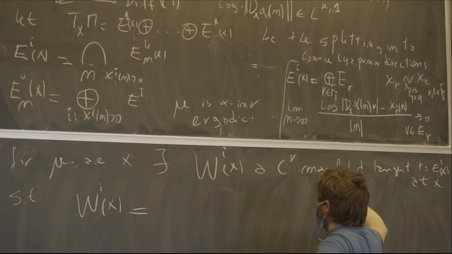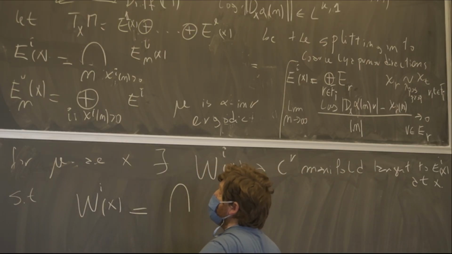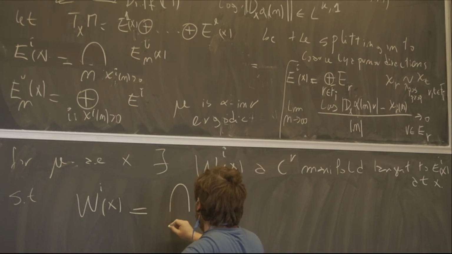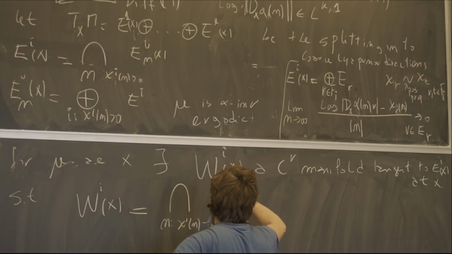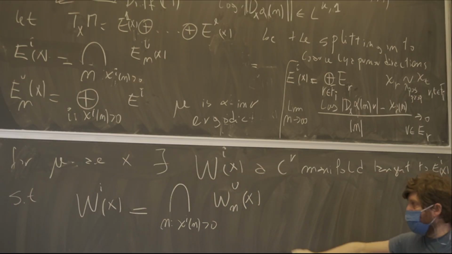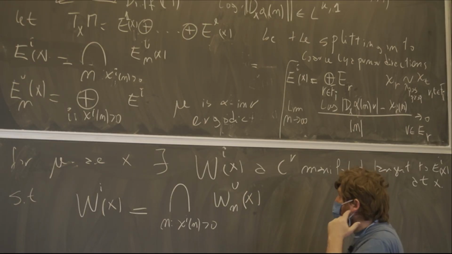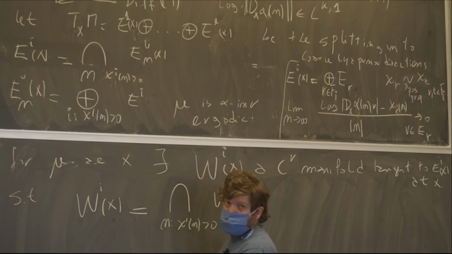But the fact that it's a manifold, you have to work a little bit. It's not too hard, it's just a transversality issue. So this is the intersection over all n's such that psi^i of n is positive of the unstable manifold for n of x. This is given by Pesin. These are C^R manifolds, you intersect them, and with some transversality, this intersection property tells you it is actually a manifold. And is R equal to 1 plus alpha?